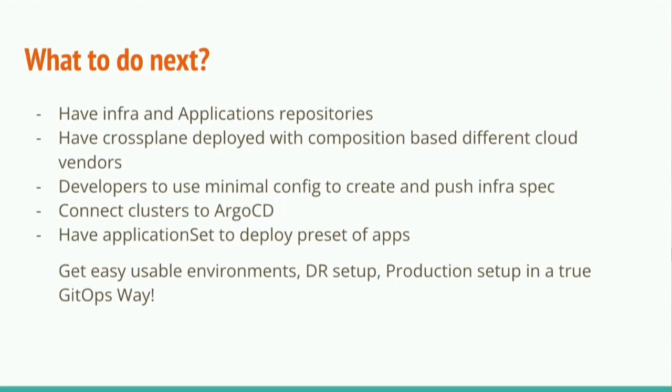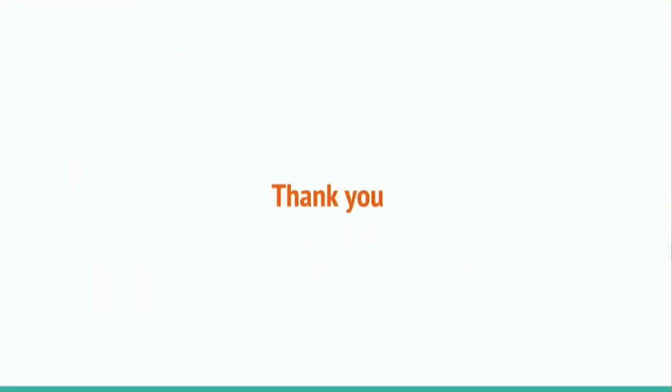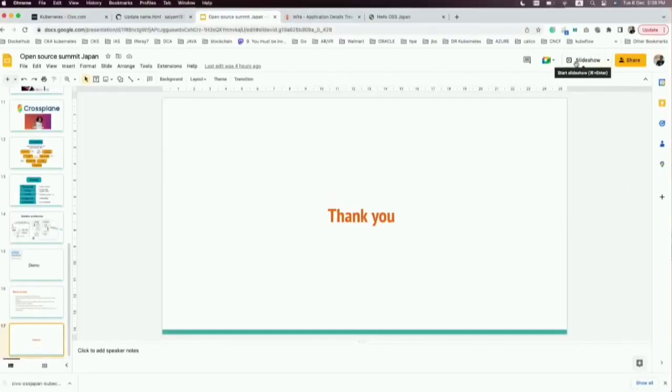So these are some of the advanced things. Obviously, after this you don't have to stop. You actually have to use compositions to go multi-cluster. You have to use ApplicationSet so that you can deploy the same application to all the hundreds of clusters that you connect to your Argo CD, so that you can create a pre-configured set of clusters with applications for new teams. You can define policies, and you can define your standard application set, whatever is there to be installed. So I think that's what we had for this particular session and demo.